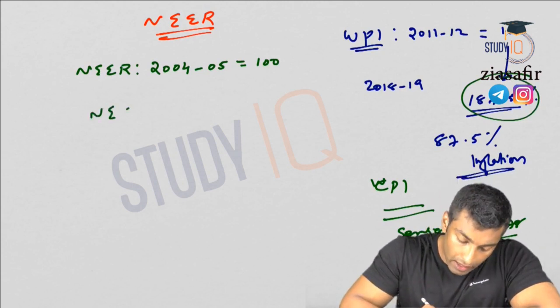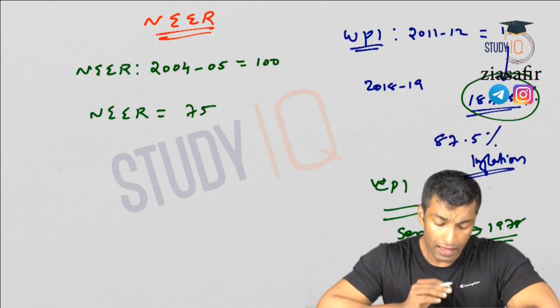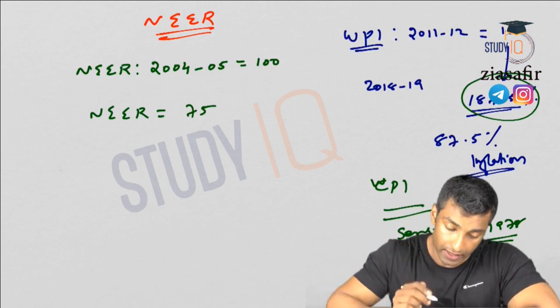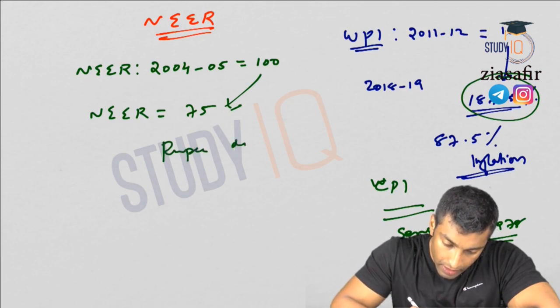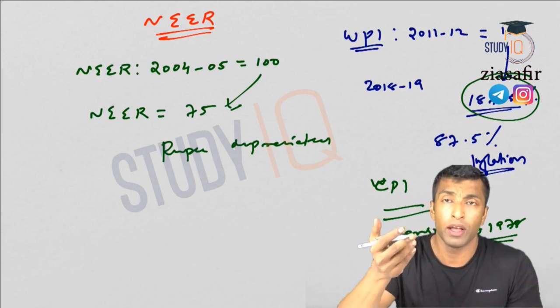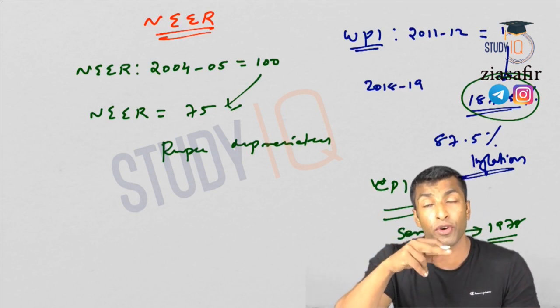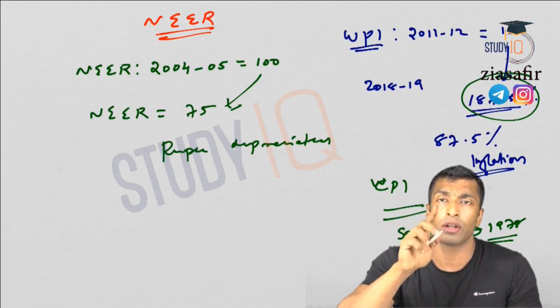Now let's suppose NEER is now equal to 75. What does this mean? This means that the rupee depreciated. Rupee depreciated means something which cost 100 rupees is now going to cost 75 rupees for a foreigner. Before, let's suppose $1 was 100, now $1 is 75.